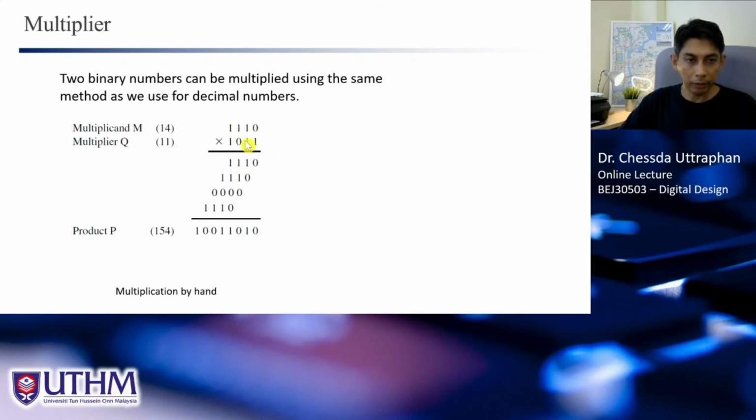And if you multiply by 0, you will get 0, and you add here, and you get the product, and the product is big. Here 154. So you can see that if you have a 4-bit operation, 4-bit multiplied by 4-bit, the result is 8-bit in this case. So in multiplication, normally the result is double the size of the multiplicand and multiplier, right?